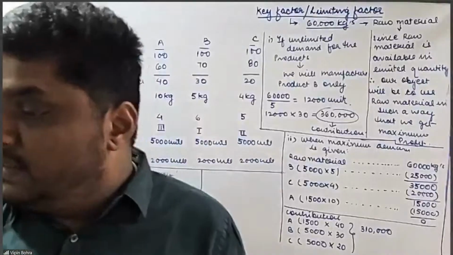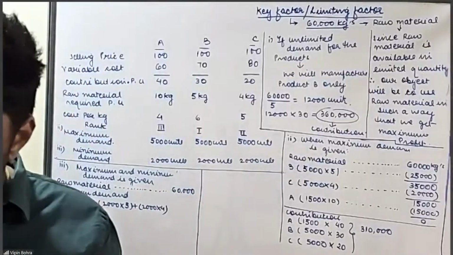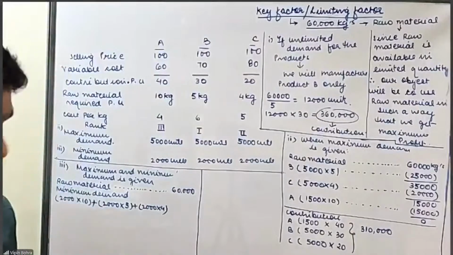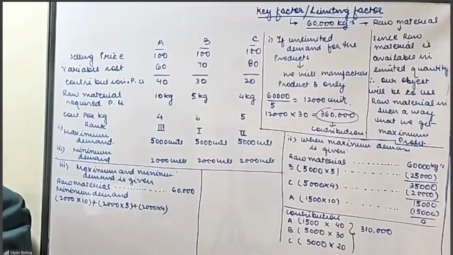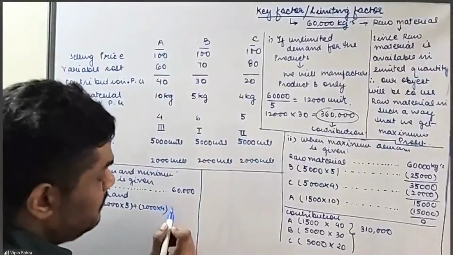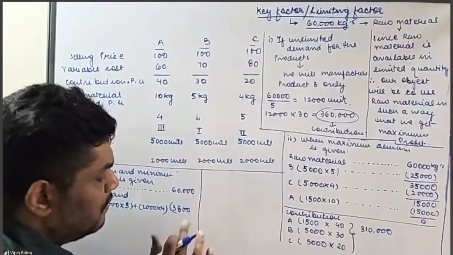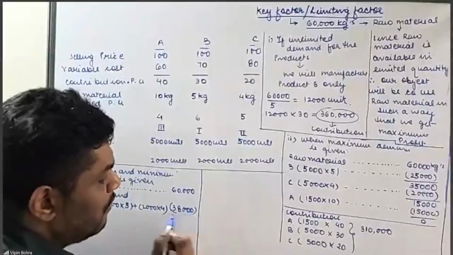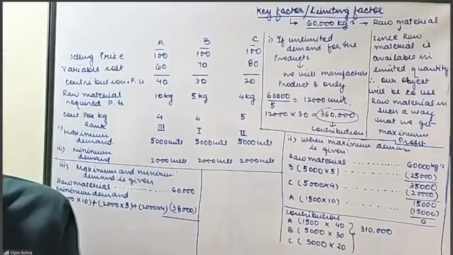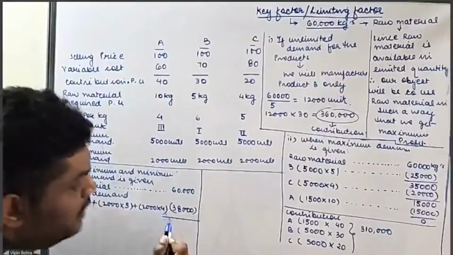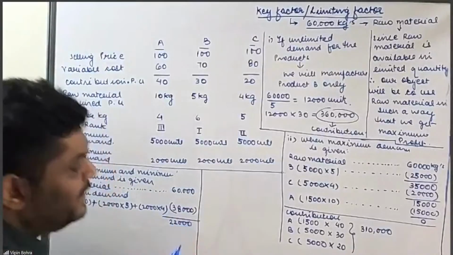So how much raw material is used to fulfill the minimum demand? 2,000 into 10. So to fulfill the minimum demand, 38,000 is gone. So we have only 22,000 kgs left.